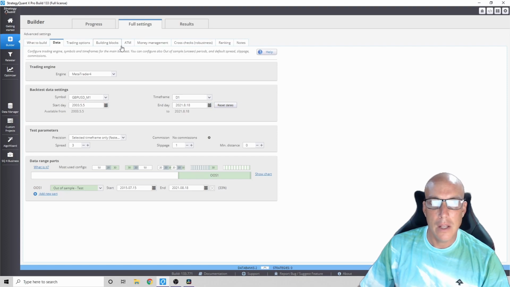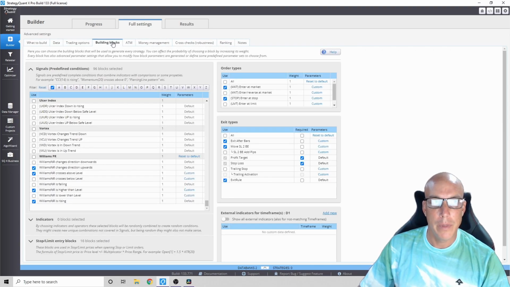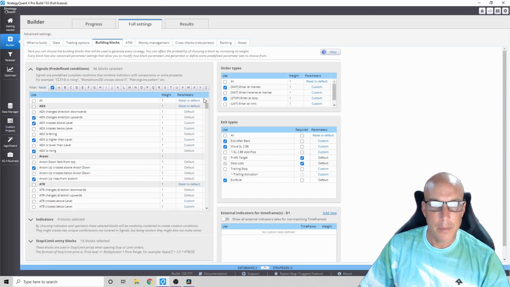Okay, now let's take a look at the indicators that it's using, and so these are called building blocks. And let's go from the top to the bottom here.